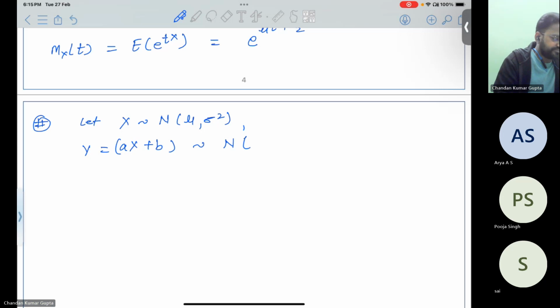Can anyone tell? Hello. Yes, sir, audible. Can you see how we will write this? Y equal to ax plus b can also follow a normal distribution.